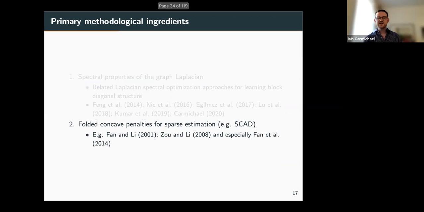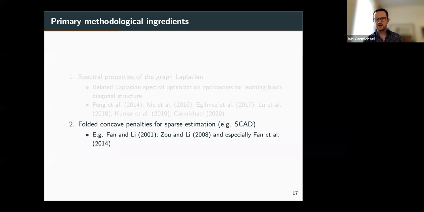And our second ingredient is going to be folded concave sparsity inducing penalties. So, we're probably all familiar with the Lasso, and maybe many of us are familiar with the Lasso's concave generalizations, such as the smoothly clipped absolute deviation, the SCAD penalty, which is some kind of concave version of the Lasso that can have more favorable estimation properties than the vanilla Lasso.